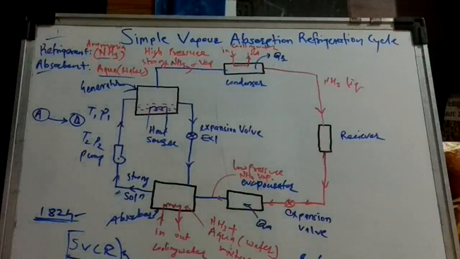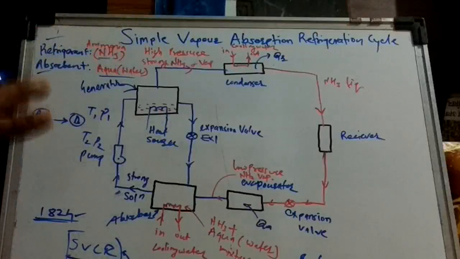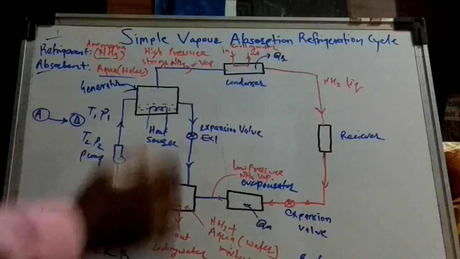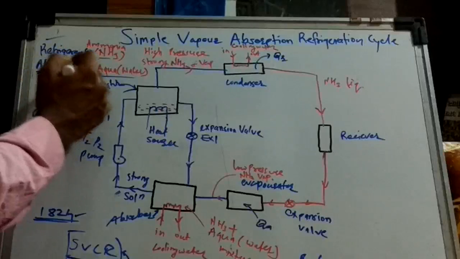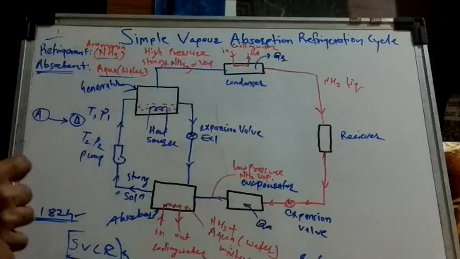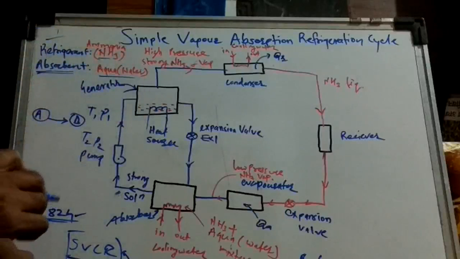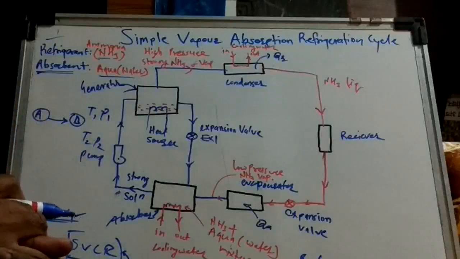The basic function of the refrigerant, as we already know, is to get circulated in the system and produce the refrigeration effect or cooling effect by absorbing heat from the surrounding medium. The second working medium added here is the absorbent. The absorbent in this system is aqua, or we can say water. So water is the absorbent.